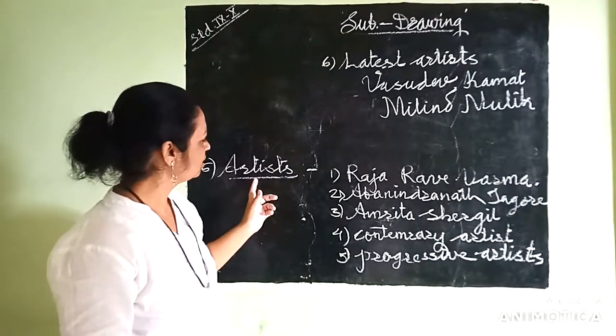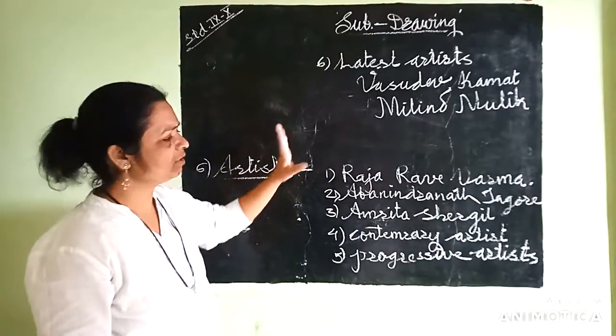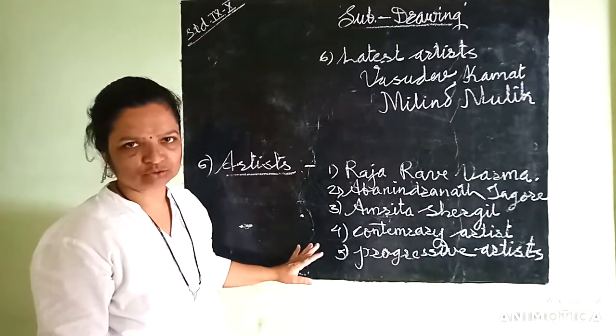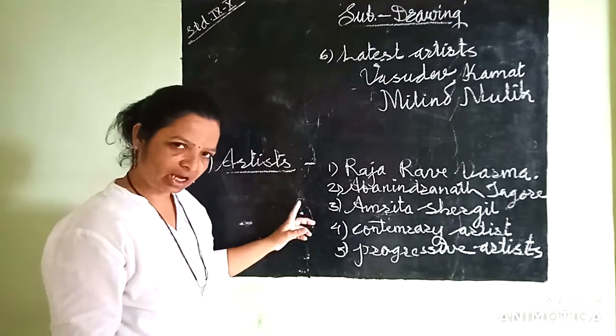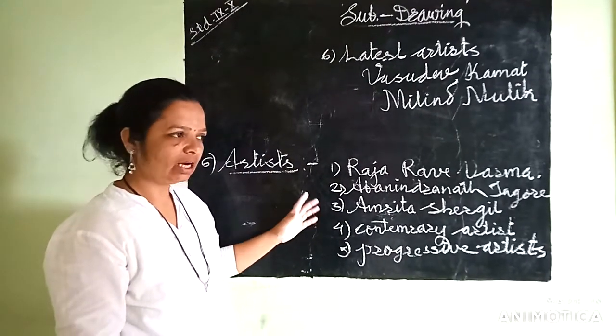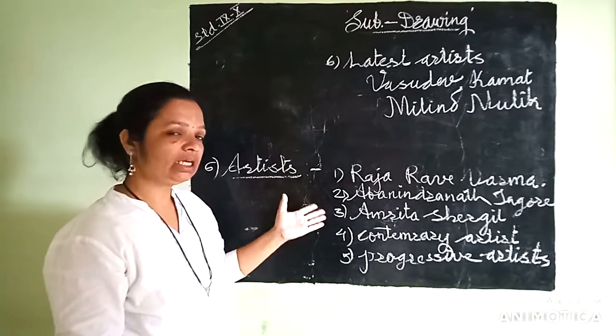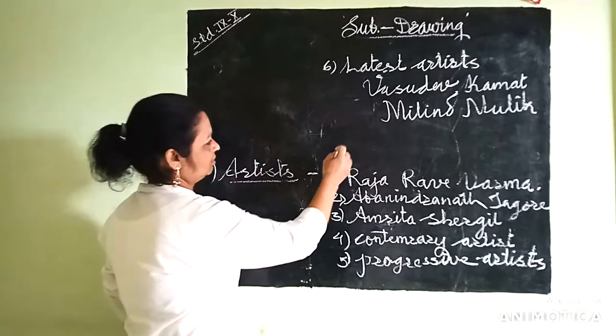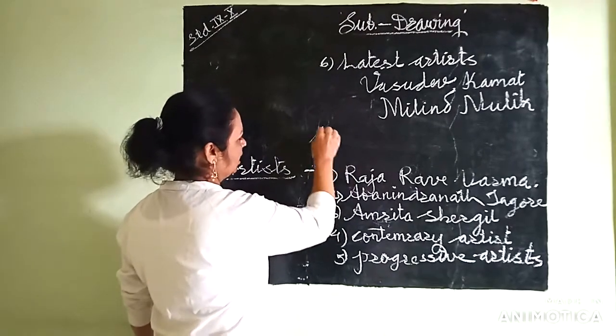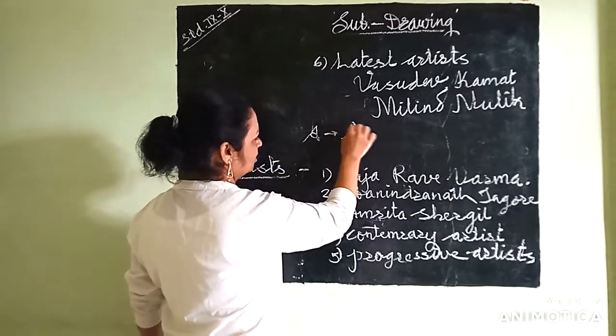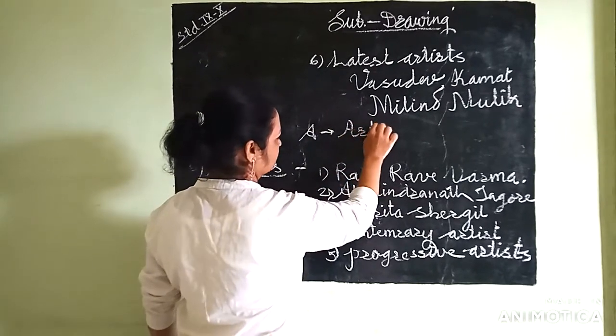So in this way, choose anyone only. These are examples only. Choose any one artist and his artwork. So artist and artwork.